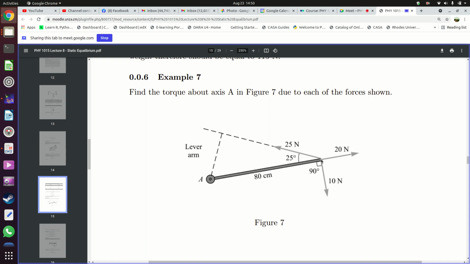Then theta is the angle between the line of action of your force and your R. This angle is your 25, this angle here is your 90 degrees, and in this direction your angle is just 0 degrees. So that's how you work out the torque.